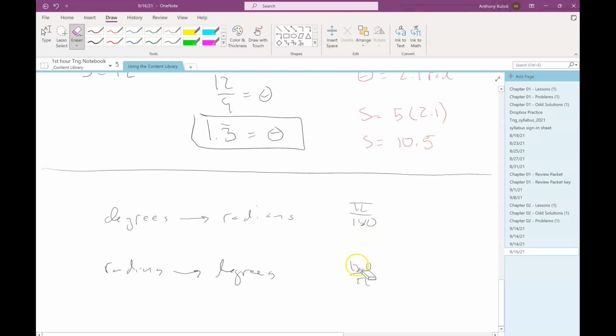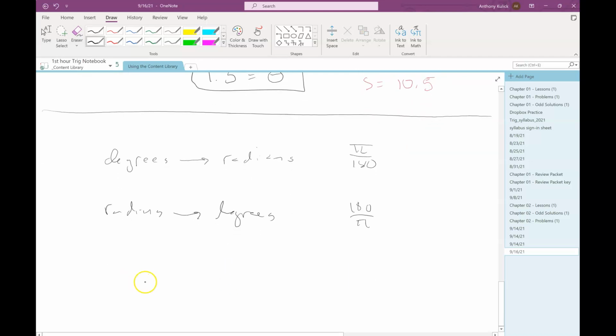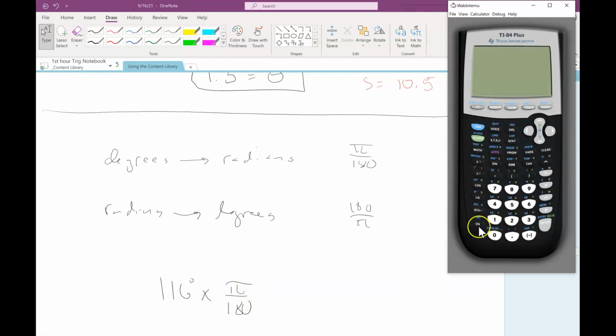And that's basically all you need. So if I have 116 degrees, I just multiply that by pi over 180, and that'll spit out my answer in radians.